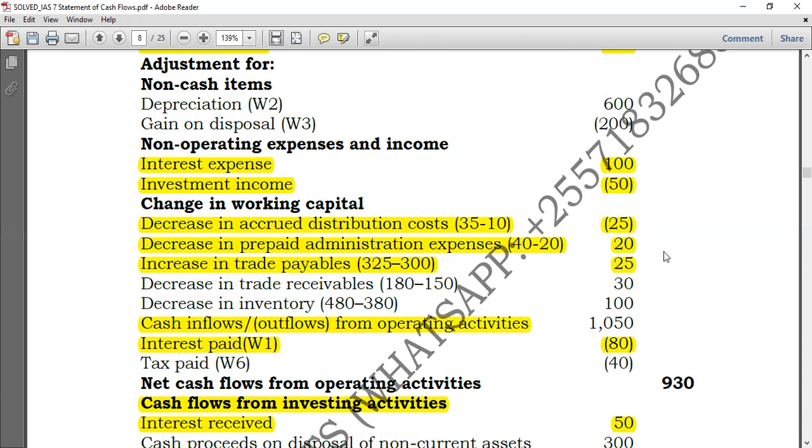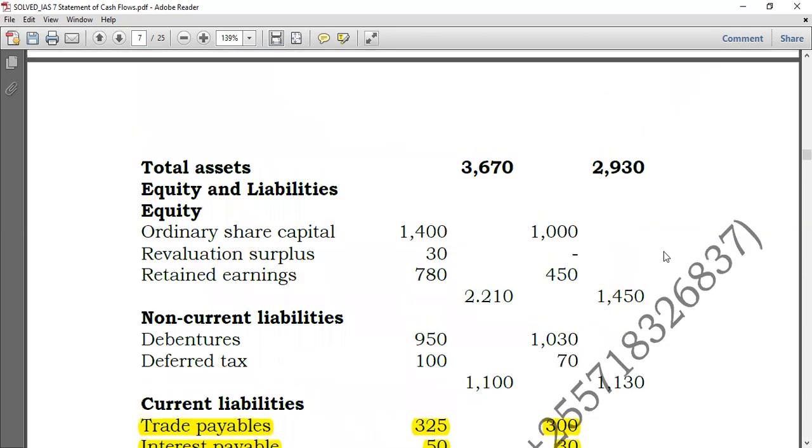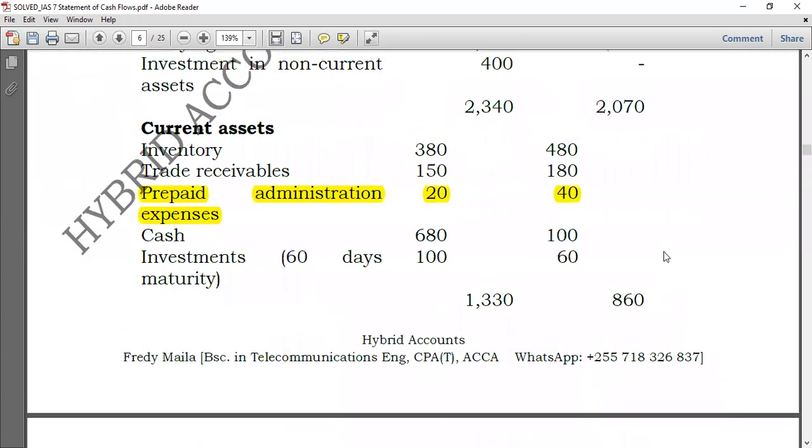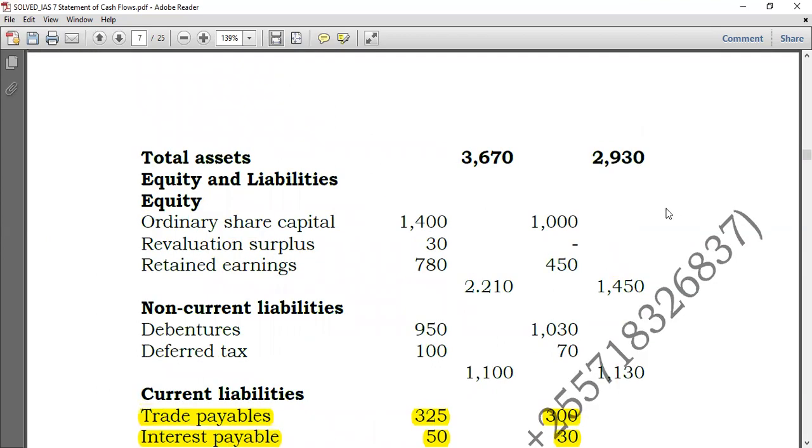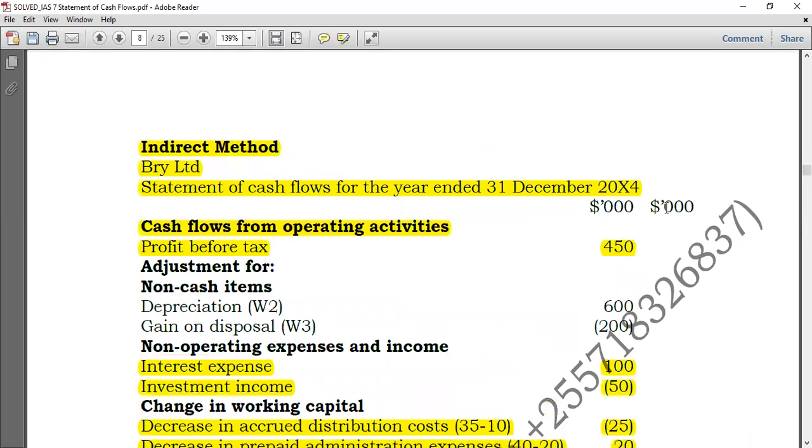And then we go to, we said inventory and what? And the trade receivables, those are assets. So I just go to current assets here. I find my trade receivables figure. As you see here, trade receivables has decreased from 180 to 150, a decrease by 30. And inventory here has decreased from 480 to 380, a decrease by 100. So you simply go to the statement of cash flows and plug that in.